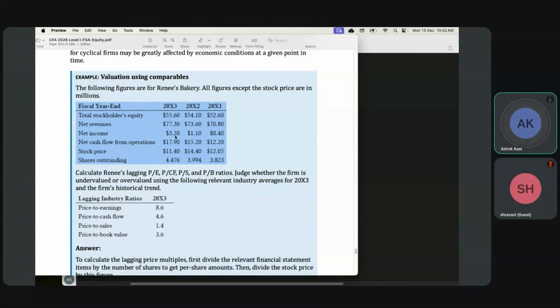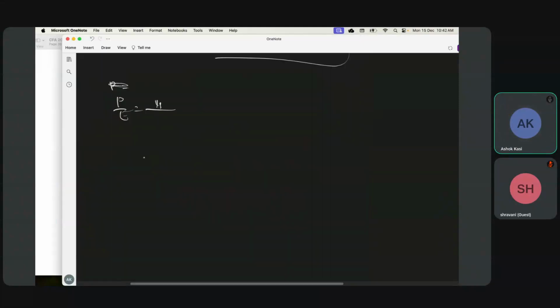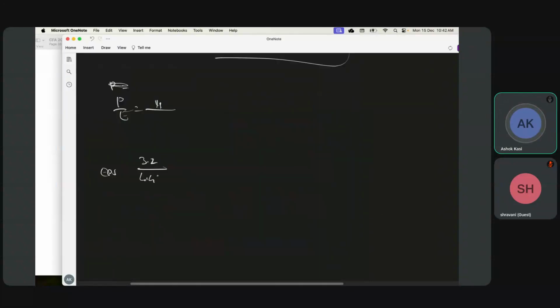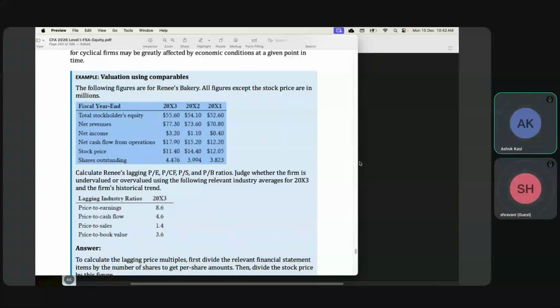Total net income is given, 3.2 million. Earning per share is 3.2 divided by the number of shares, 4.476. Just calculate this. So this is net income by total number of shares. How much? 0.714. And price is 11.4, sorry.